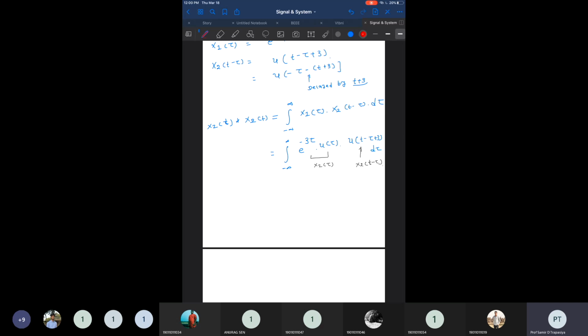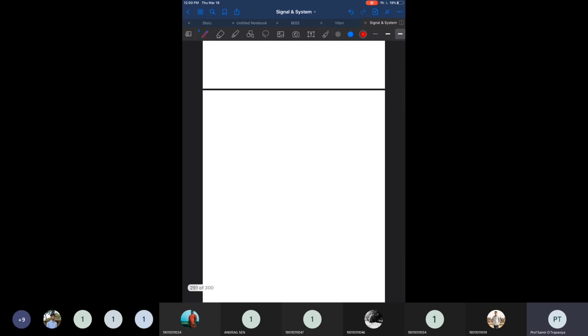We know that this function u of tau is 1 for all points greater than or equal to 0, and is equal to 0 elsewhere.